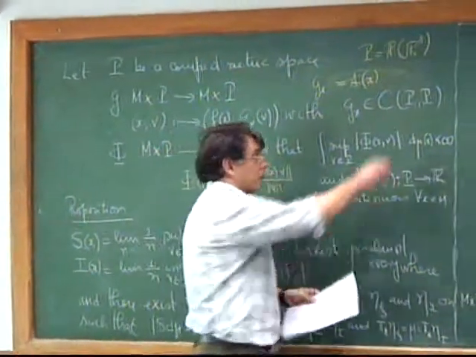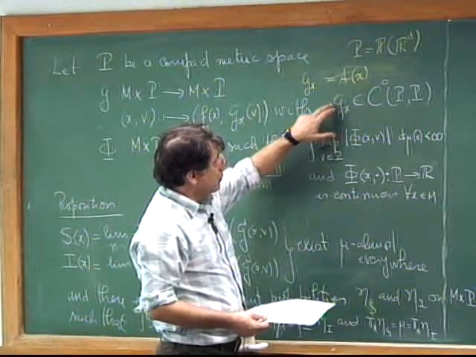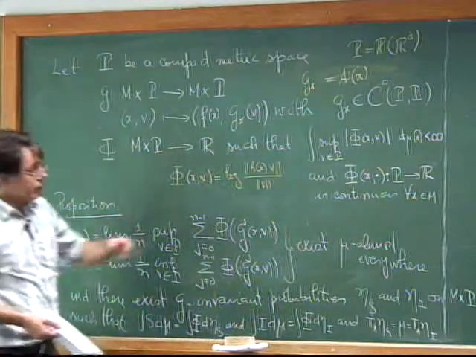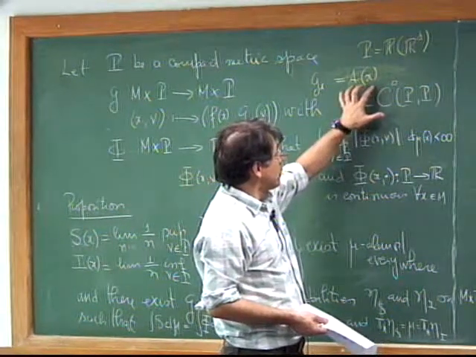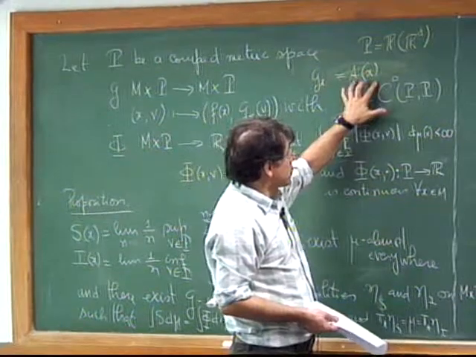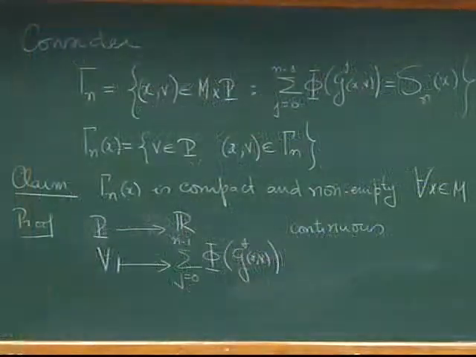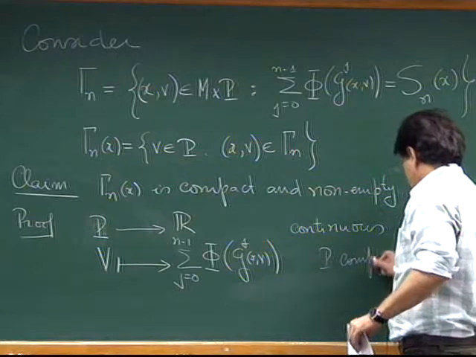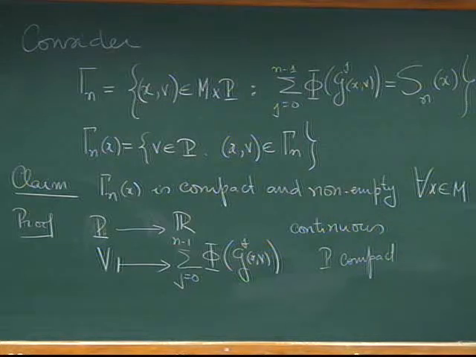This is just measurable. But in both cases, I want the functions to be continuous on the second variable. In the case we are interested in, the second variable lives in the projective space, and we are dealing with matrices, which define continuous functions on projective space. So everything is continuous in v, and so this is continuous, and P is compact. And every continuous function on a compact space attains its maximum, attains its supremum. So end of the proof.